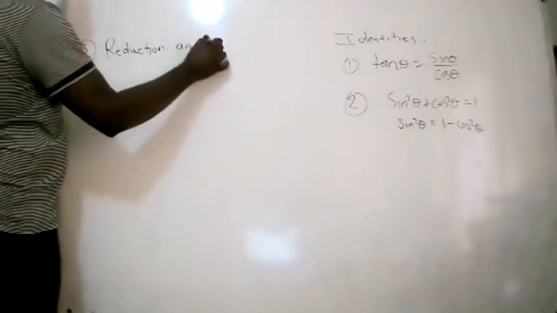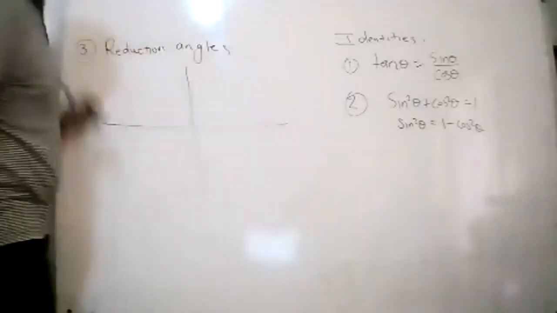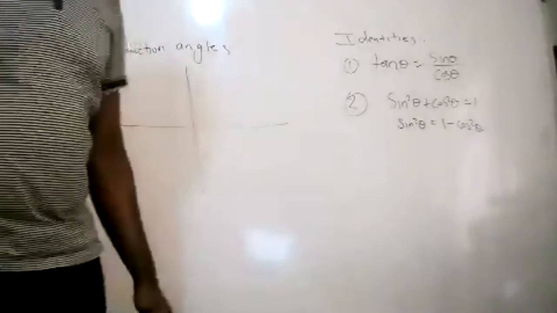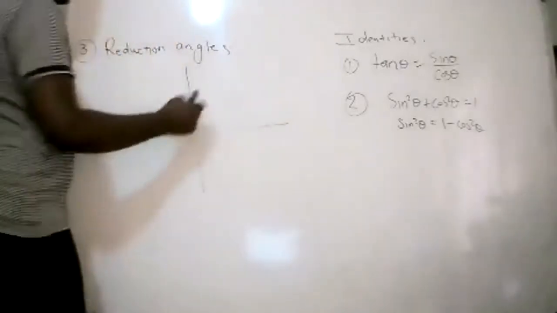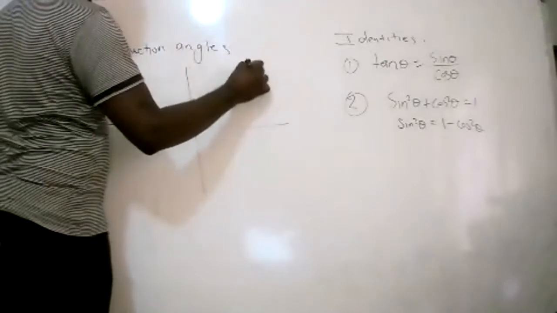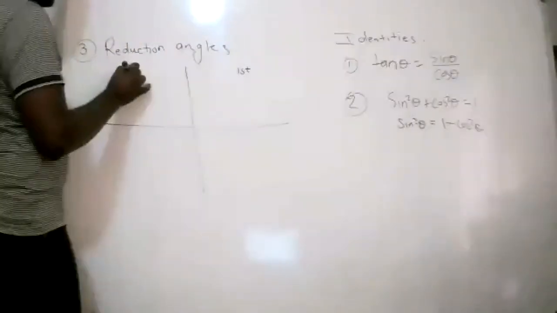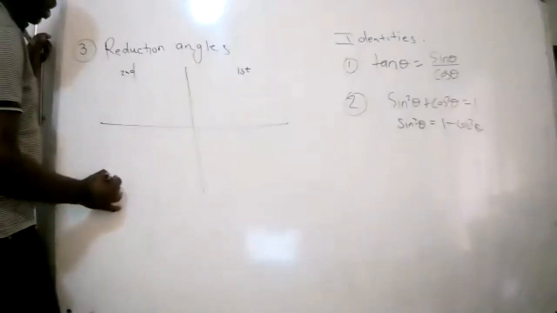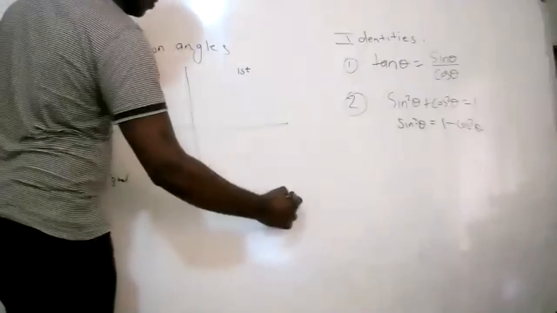So what are the reduction angles? Reduction angles go hand in hand with the Cartesian plane. So we must have a Cartesian plane, in which you must know at all times that this is your first quadrant, this is your second quadrant, this is your third quadrant, and this is your fourth quadrant.